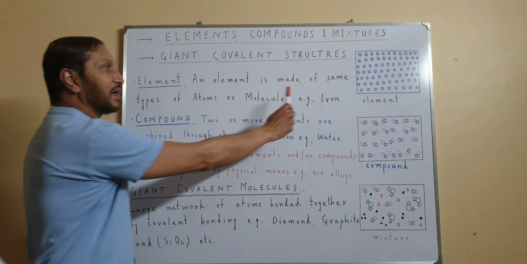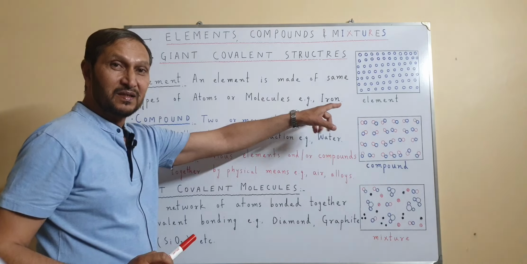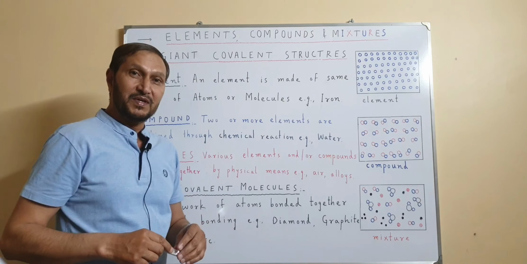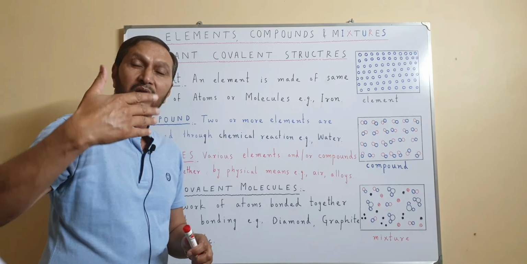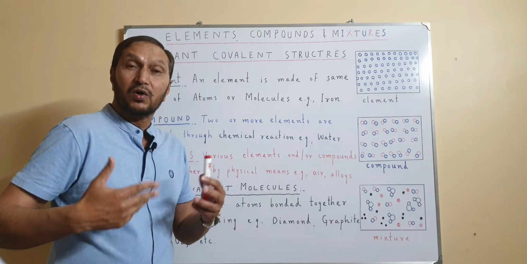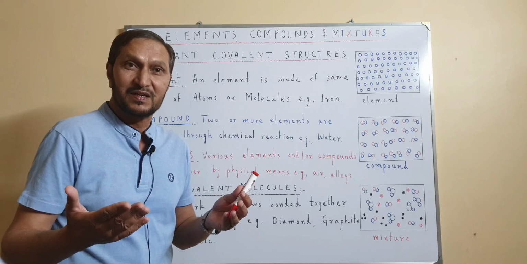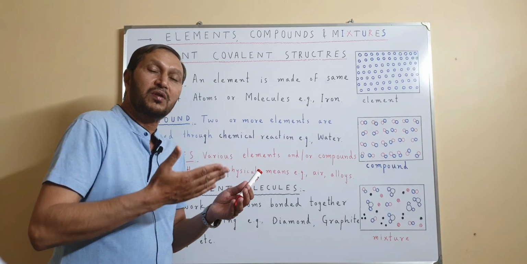For example, iron, its chemical symbol is Fe. It is an element. Similarly, gold is an element. Similarly, copper is an element. So I am giving the example of metallic elements. Now there are some non-metallic elements.